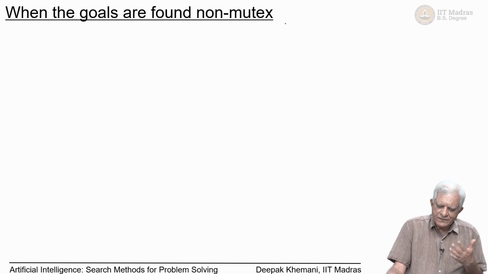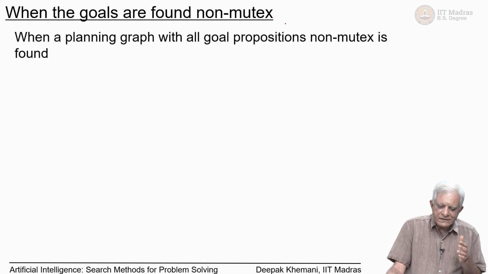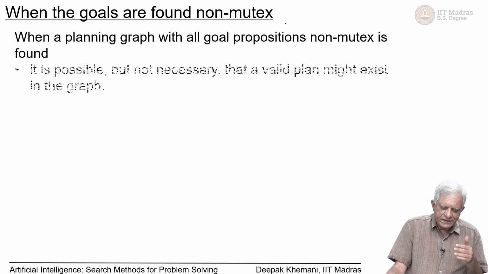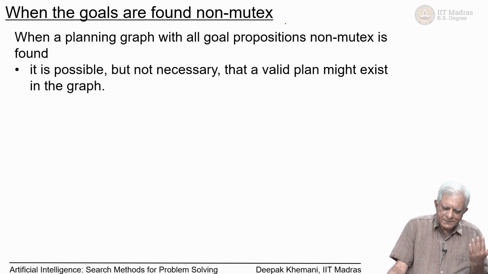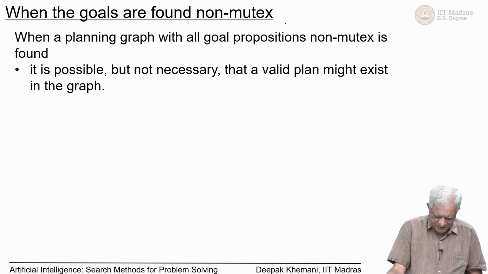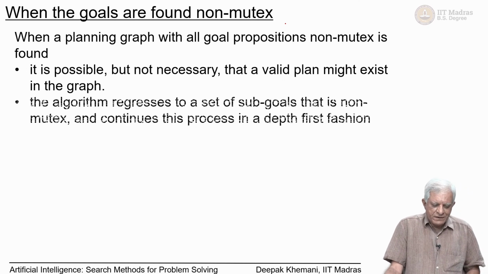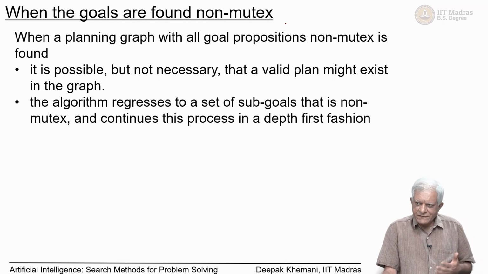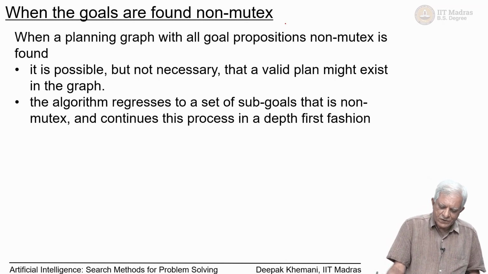So, when the goals are found non-mutex, then it is possible, but it is not necessary that a valid plan might exist in the graph. The algorithm regresses to the set of sub goals that is also non-mutex.